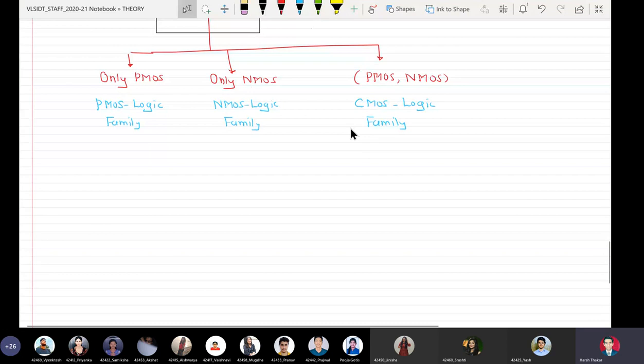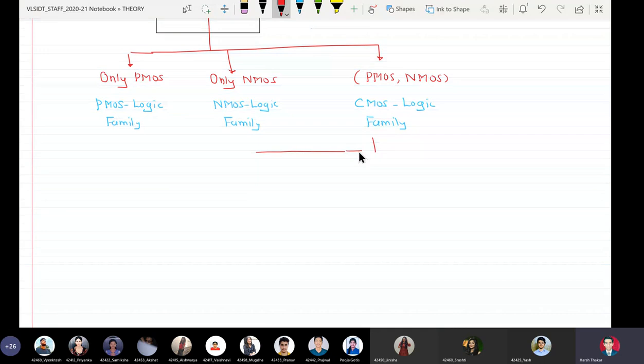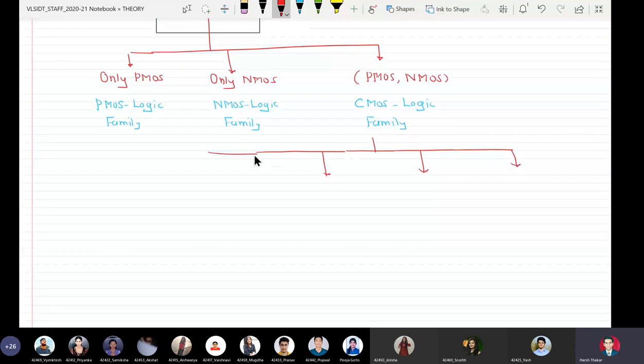There are 4 variants of CMOS logic family, which are as follows. We have complementary CMOS logic family.